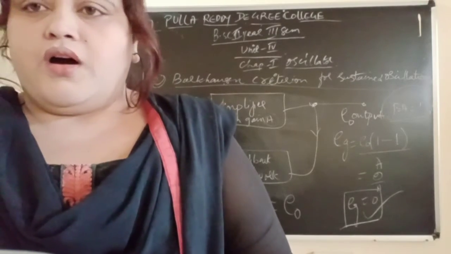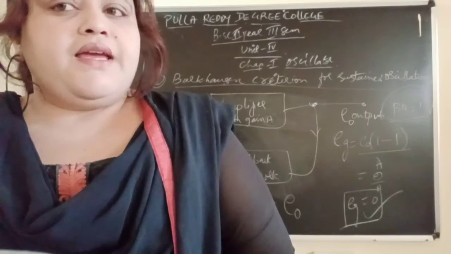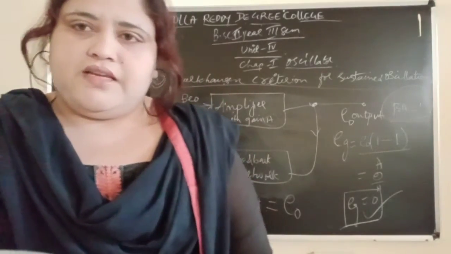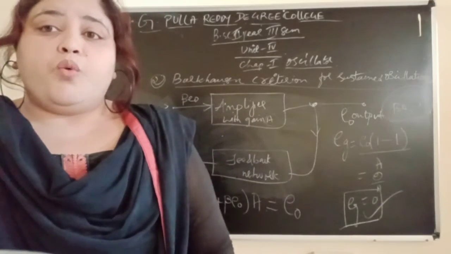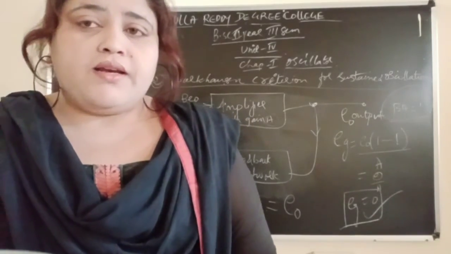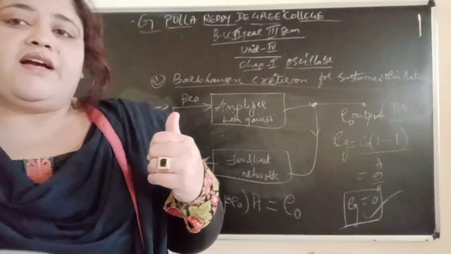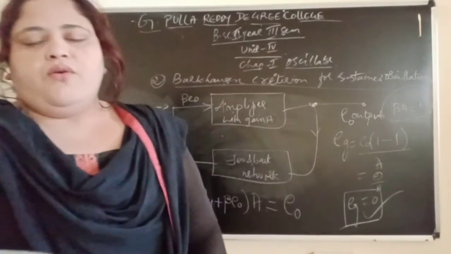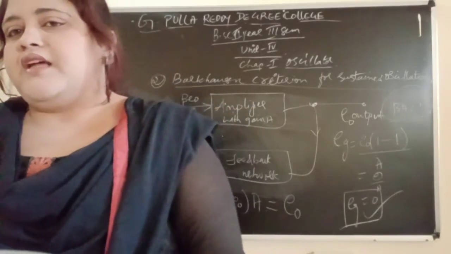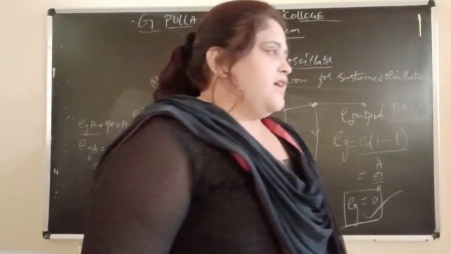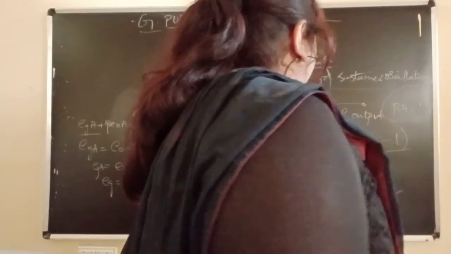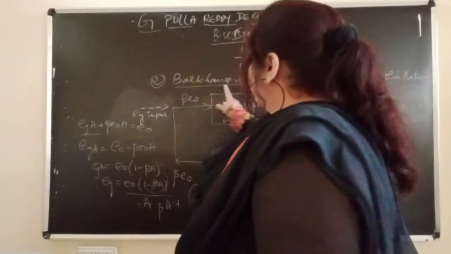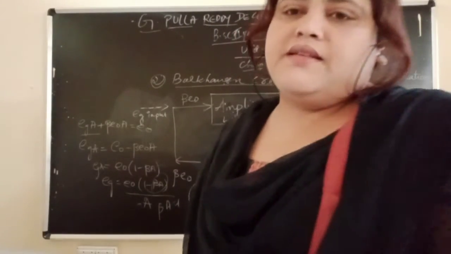Why? Because when you substitute beta A equal to 1 in the equation, you will get the input as 0. That means the input becoming 0 satisfies the condition of Barkhausen criteria, the sustained oscillation condition for an oscillator. So once again, we have started today Barkhausen criteria for sustained oscillations.